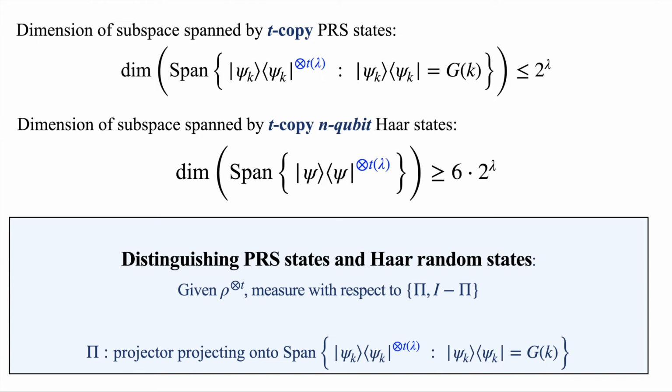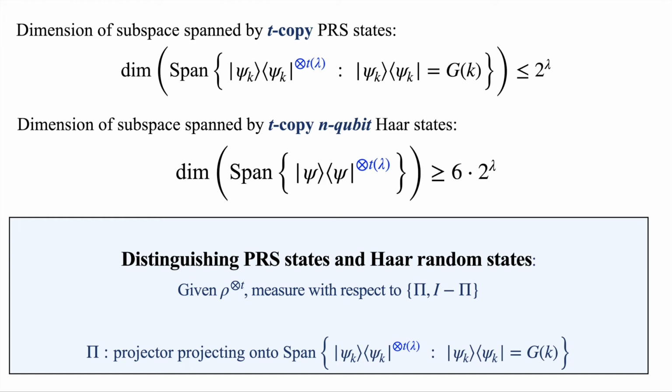Given t copies of the state, it's going to measure the state with respect to the following projective measurement, where we define the projector as follows. This projector is going to project onto the subspace spanned by all the t-copy PRS states. Note that if the distinguisher is given t copies of the PRS state, then the projector is going to succeed with probability 1.